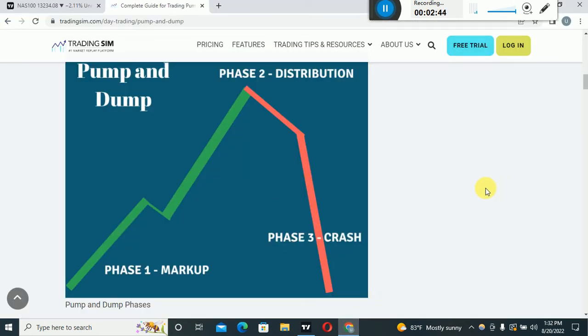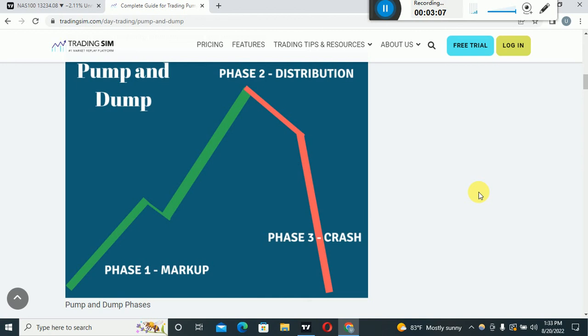This is a classical pump and dump. Phase 1 is the markup phase. First of all, the prices accumulate, go into a consolidation, and then the market begins to mark up, and then it begins to trend.